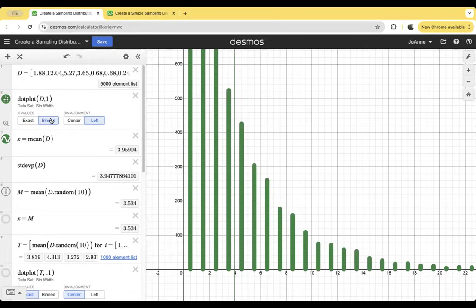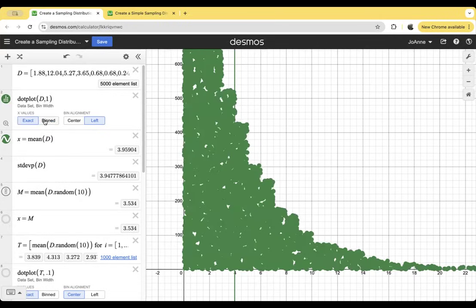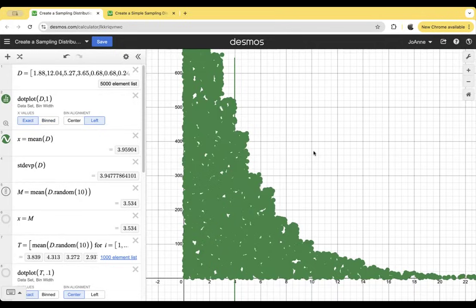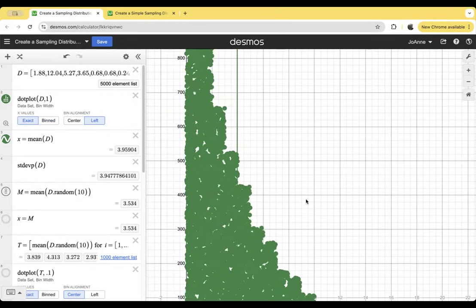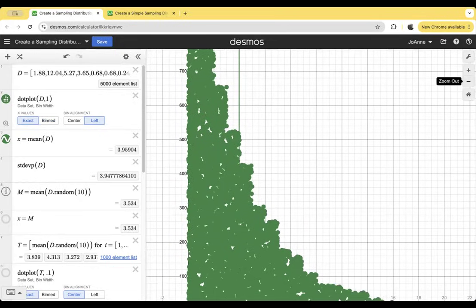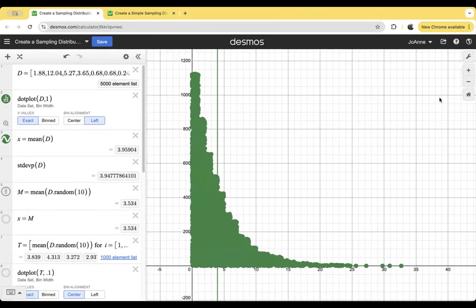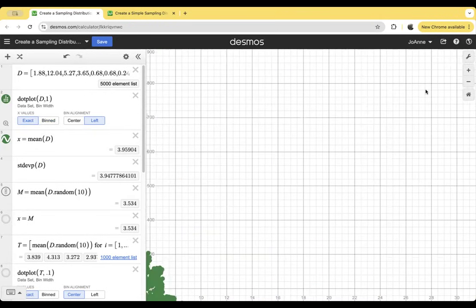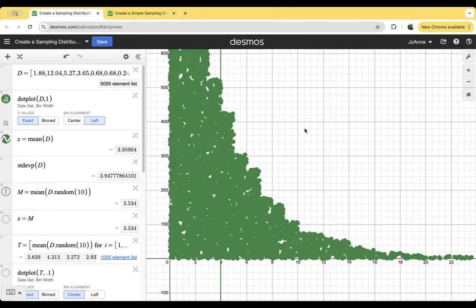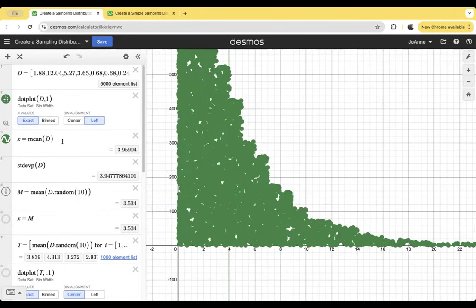It puts the data into classes and creates vertical lines which look like the bars of a histogram. So I can either view it as exact or binned. I'm going to keep it as exact so the dots really look like they're individual items in the population. So here's my definitely not normal population, and I can randomly select 10 items out of it.